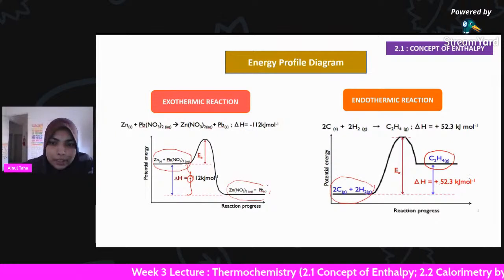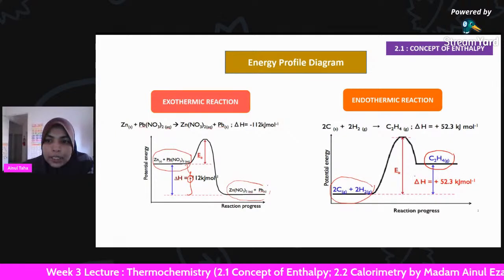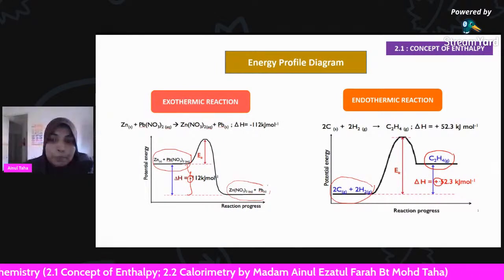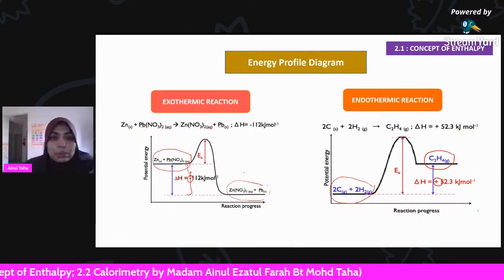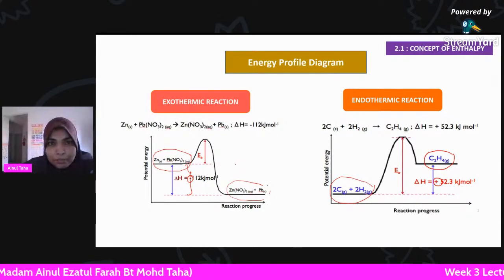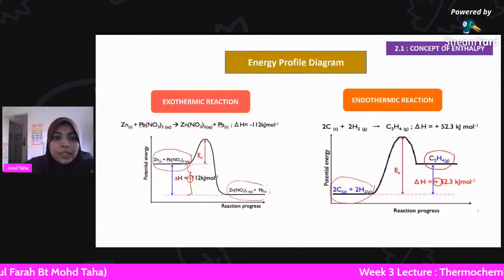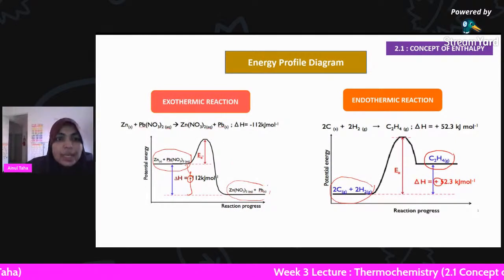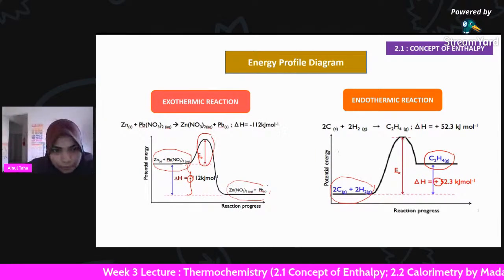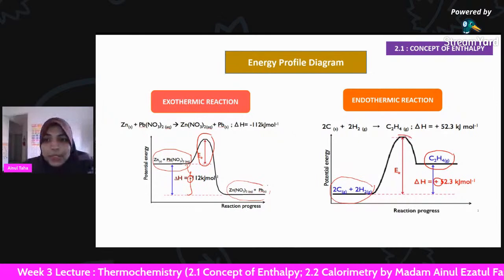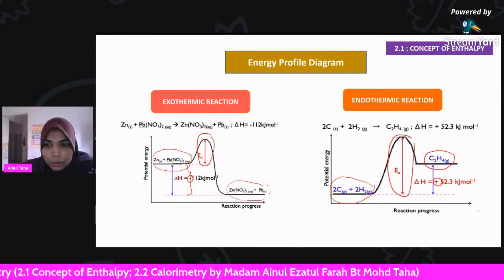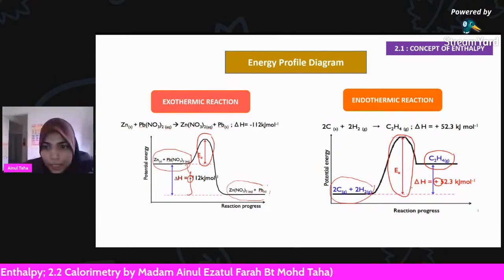That's why we get the delta H, or enthalpy change, as positive. Besides that, what you can see from the energy profile diagram is the activation energy. In the next topic, you will get to know about the activation energy.